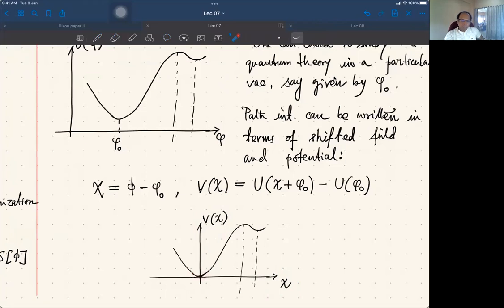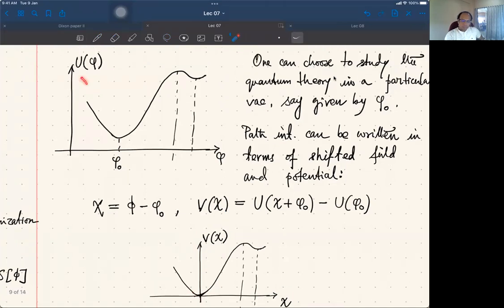If you work in terms of phi, the difference between u and V is a constant shift of the potential, so you are allowing this much vacuum energy, and in a field theory such an energy will produce an infinite amount of energy. We will see why.